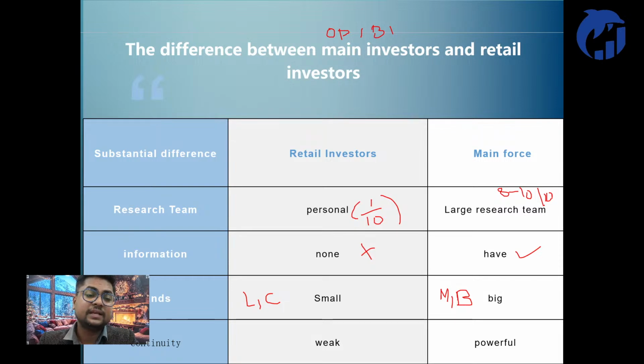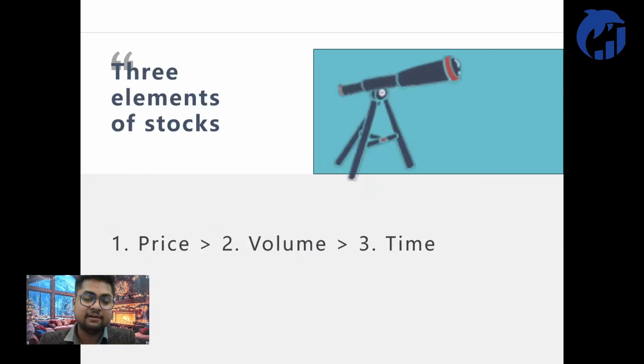But the continuity of the main force is very powerful. They can stand continuously and make the market grow to a continuous level. So these are the levels we are seeing.